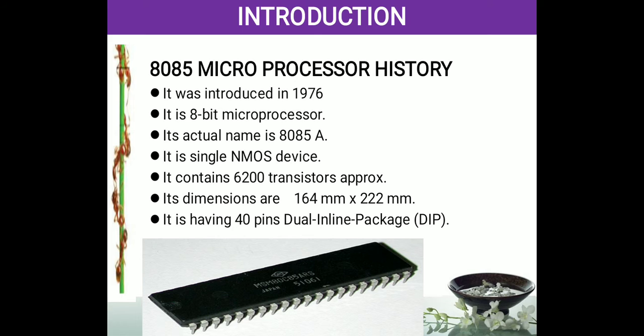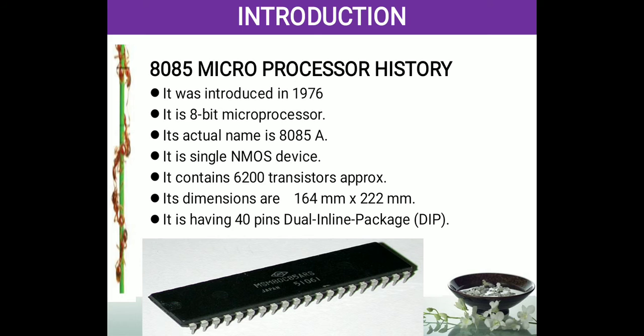Okay, now the dimension, if you take, it is 164 mm, that is approximately 16.5 centimeter. If you take a small size scale, the processor is equivalent to that size only. And it is 222 mm in width.